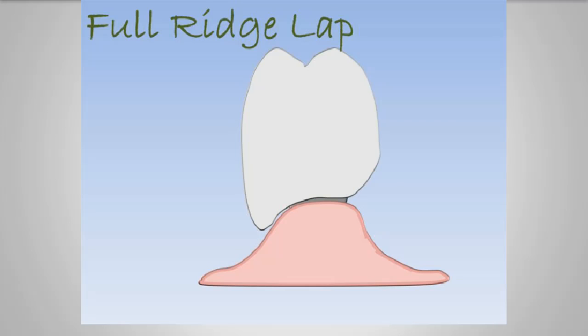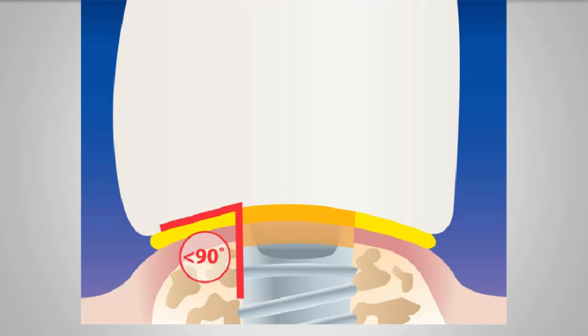But notice that there still is this flange down here. You cannot gain hygienic access through the abutment. So whether your full ridge lap looks like this or like this, it is still a full ridge lap as far as your implant restoration is concerned. And again, that's because of the presence of the abutment. We can't get through to the other side.